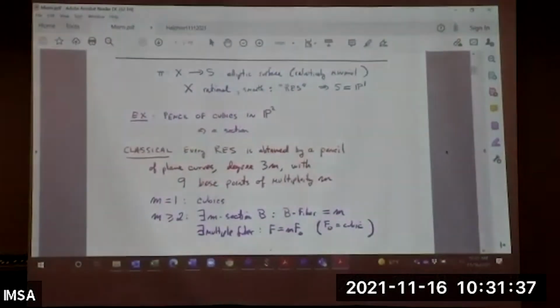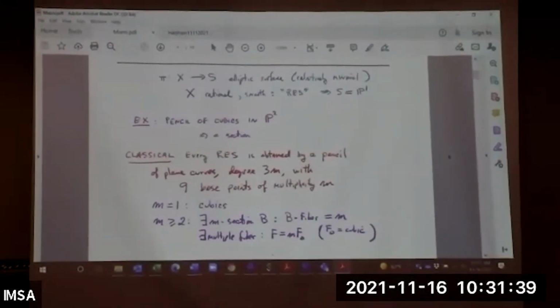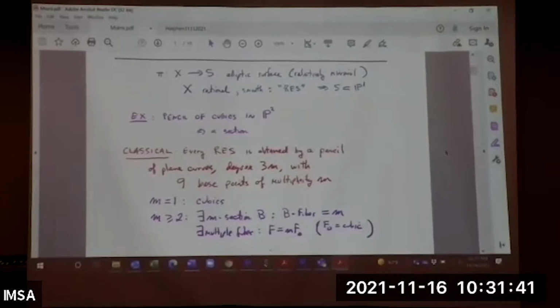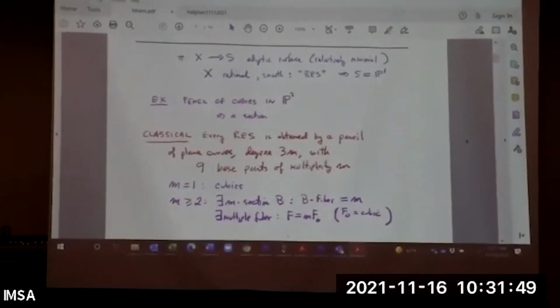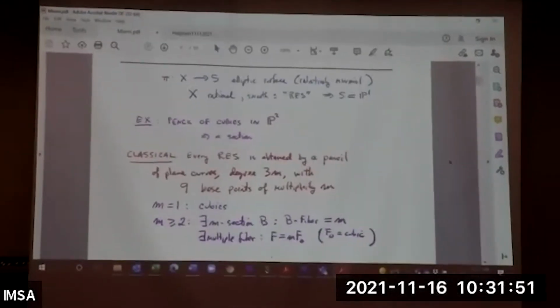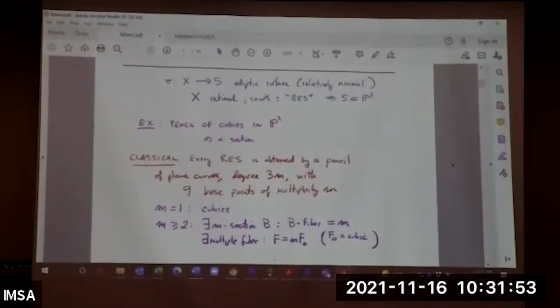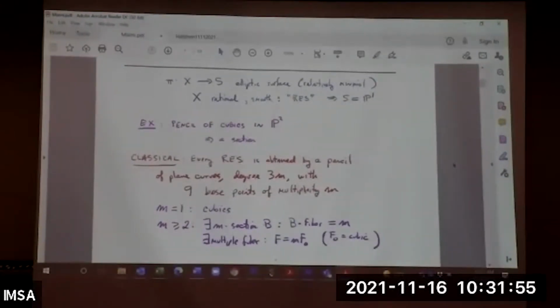And the pencil is parametrized by P1, so it's clearly a rational surface. It's a 9-fold blow-up of the plane. And the general member of the pencil is a cubic curve, which is genus 1, so it's an elliptic surface. And it's easy to see it's relatively minimal.